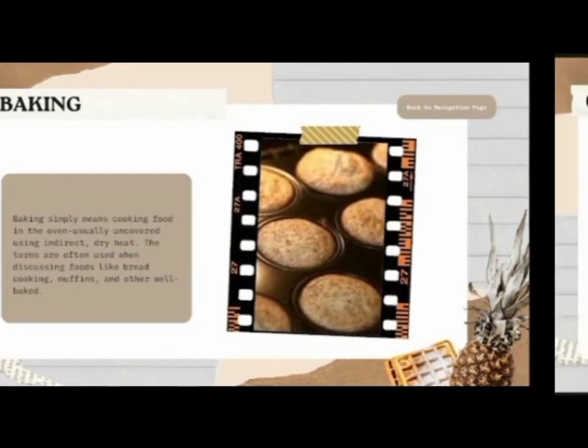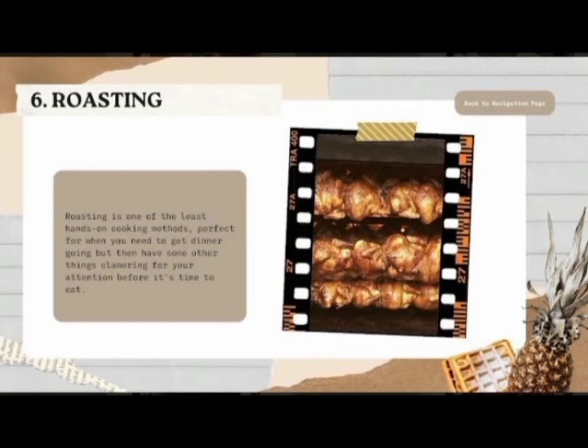So next is roasting. Roasting is one of the less hands-on cooking methods, perfect for when you need to get dinner going but then have some other things clamoring for your attention before it's time to eat. Roasting is a slow cooking process using indirect diffuse heat to cook its ingredients.